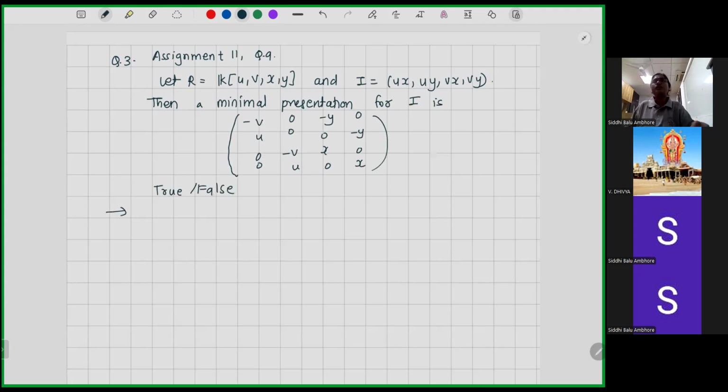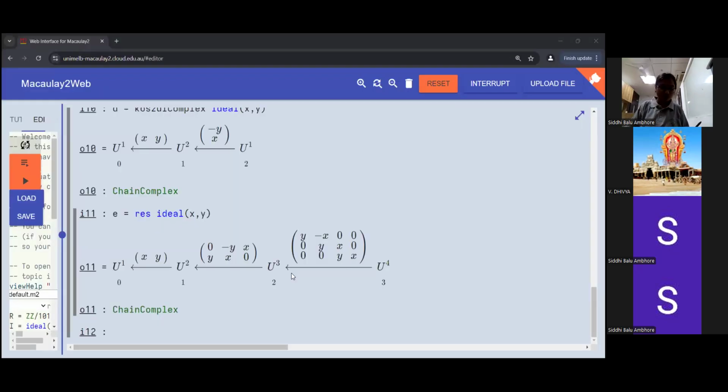So we will directly do this in Macaulay2. Just a second. Let me share the screen again. And we have to check the minimal presentation of this matrix.